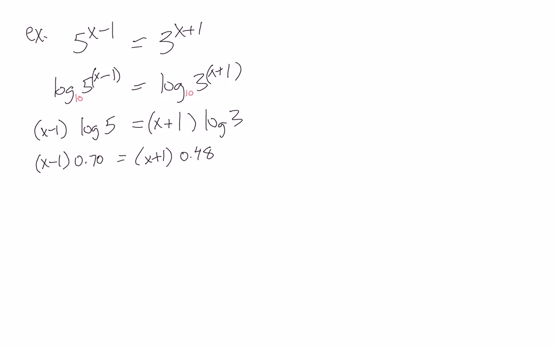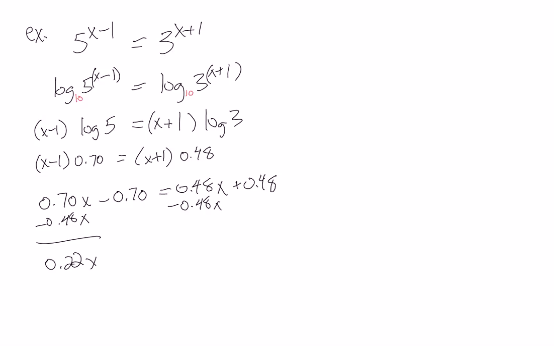So now once we FOIL these out, we'd have 0.70x minus 0.70, and on the other side we have 0.48x plus 0.48. Now we just solve that equation like we normally would. Let's combine the x's. So that gives us 0.22.